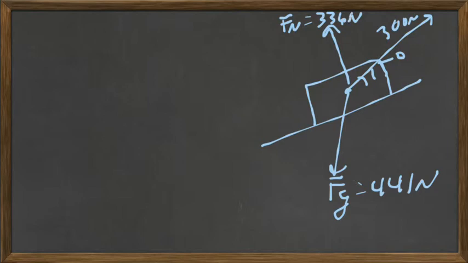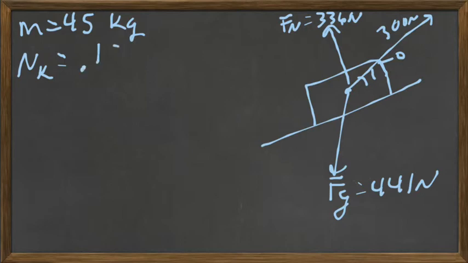But let's say in this case, my list of information given in the problem, along with the mass, included a coefficient of friction of 0.19. And this problem asks me directly to solve for the force of friction acting on the box.